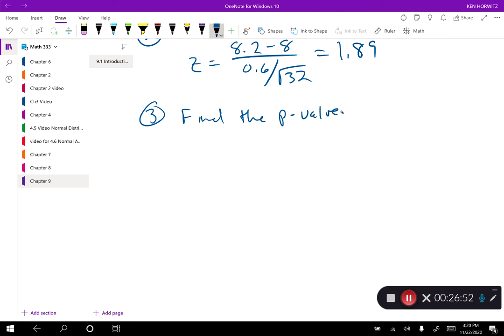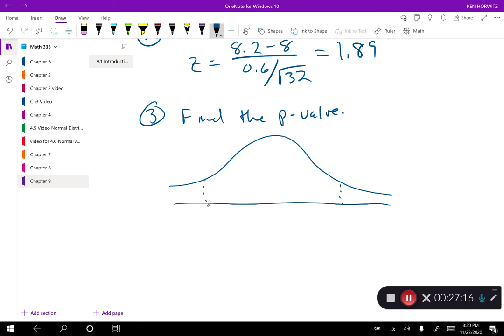To find the p-value, we're going to take that 1.89 and look up the area on the z table. Let's make a quick sketch. If I want the area to the left, that means I'm looking up 1.89 over here. But remember, I have a two-tailed test here.